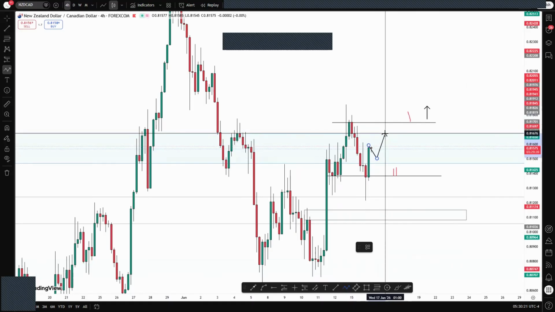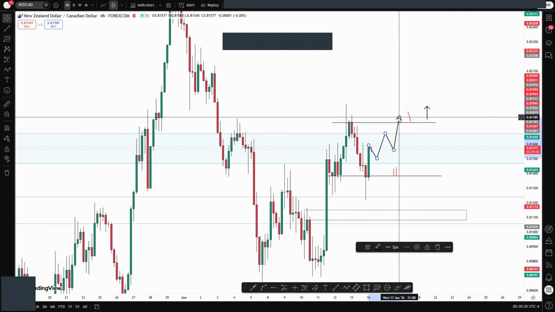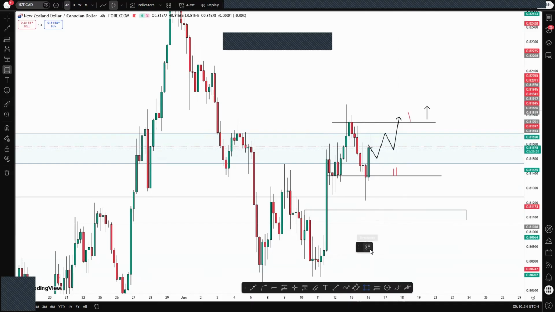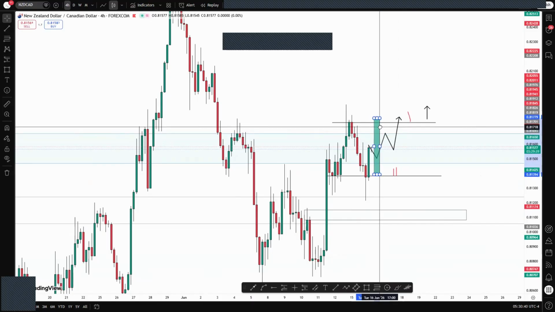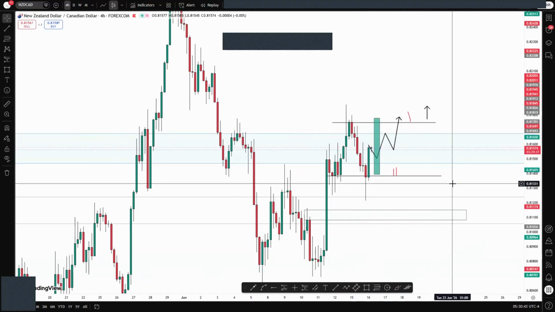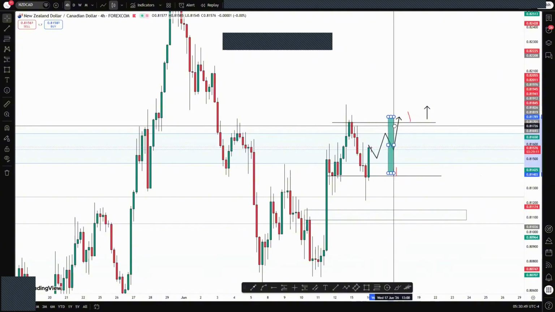See, price breaks above. Why? Because if price breaks above, then the daily will show us that we are back in the game with this bullish close. You see, this is what we need. We need the bullish close above this level.